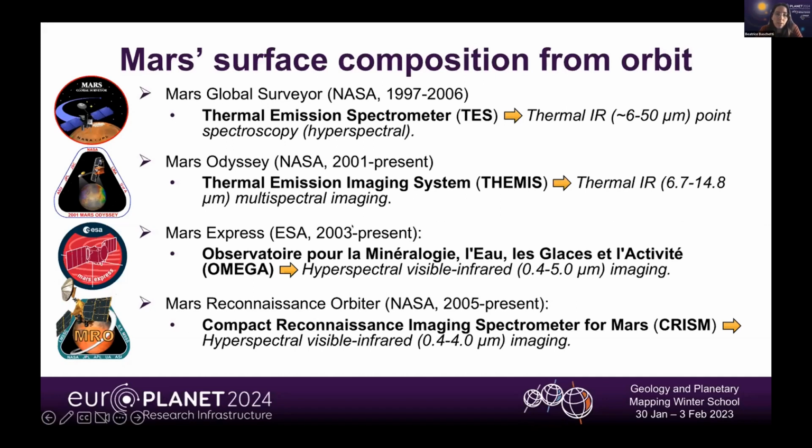While these other 2 instruments here, the OMEGA instrument and the CRISM instrument, instead work in the visible infrared range, and they study the reflectance of the planet. So basically it's the light reflected from the surface. And they have about the same spectral range, but the spatial and spectral resolution is quite different, especially the spatial resolution.